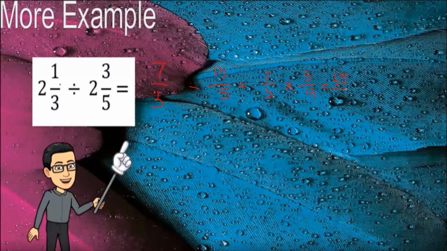We have here 13 times 3, or 3 times 13. The answer here is 39. Okay, so for our final answer, we have 35 over 39. Can we still simplify 35 over 39? The answer is no. So this will be now our final answer.